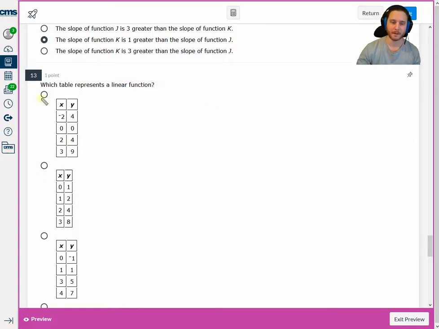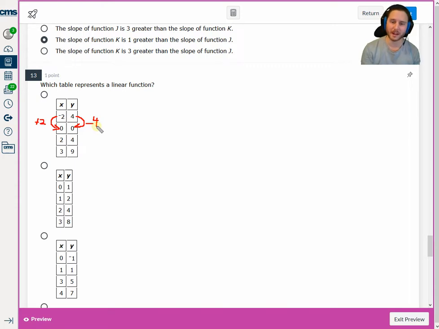So, for example, this first one, option A, from -2 to 0. So we are increasing by 2. Okay? So if that side increases by 2, how much is this side increasing by? We're going from +4 down to 0. Well, that's minus, so we're subtracting 4. So this should happen every single time in that table.